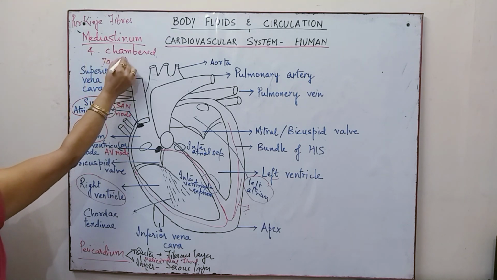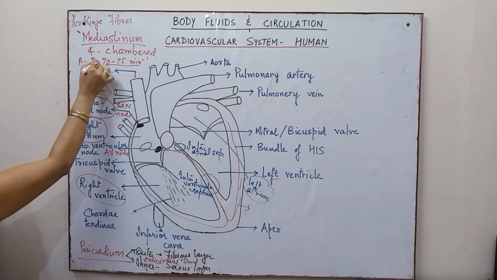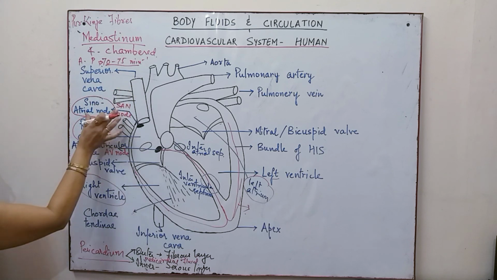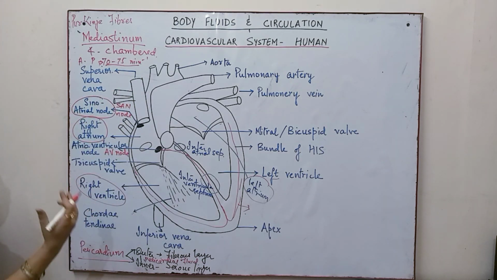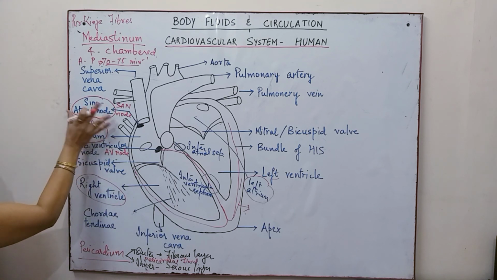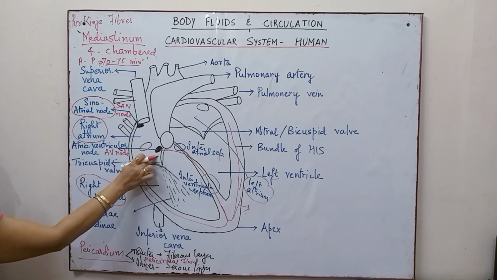This action potential is self-generating. That means it does not require any external stimulus. It starts on its own. Once it starts, it never stops also. So the sinoatrial node is therefore known as the pacemaker of the heart, and it passes the stimulus to the AVN.